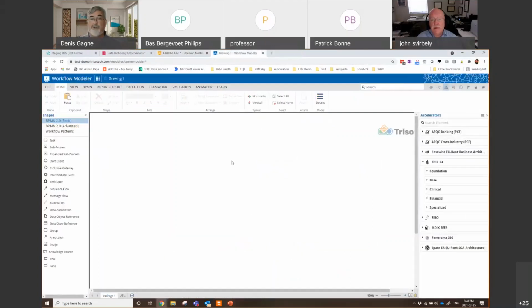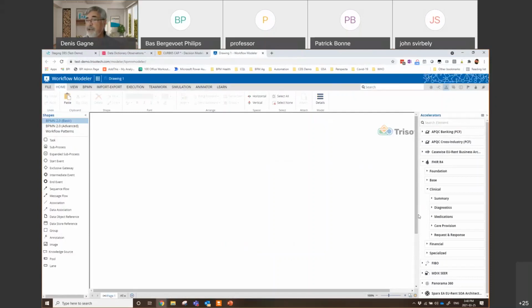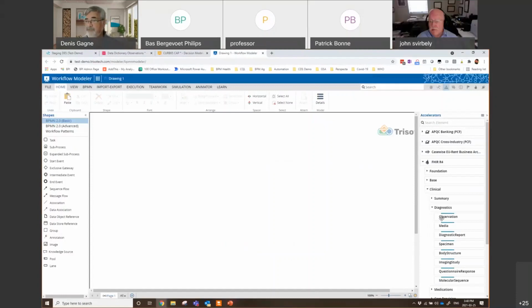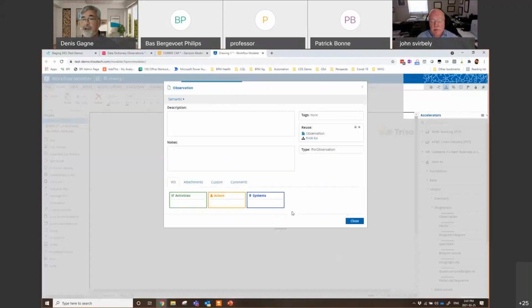And then when it comes to accelerating the FHIR wrapper work, you can just work through the structure that reflects the FHIR R4 structure here. So I can either go into foundation or clinical. Let me go into clinical here. If I go into diagnostic and I take the observation, because it's the one I showed there, when I bring this element here, it takes a little bit longer when screen sharing, I don't know why, but then I have the fully logical structure of the information.